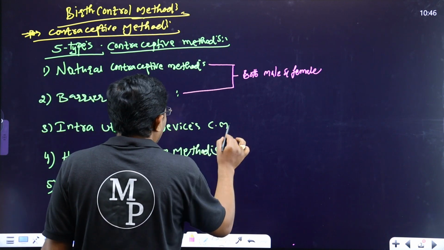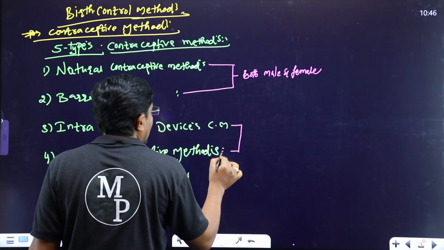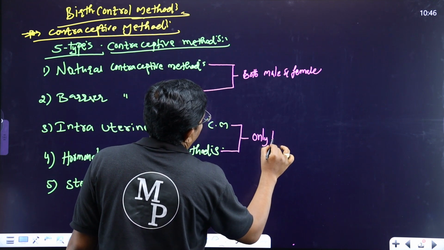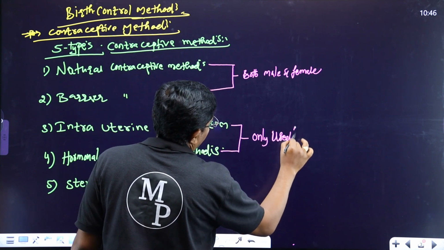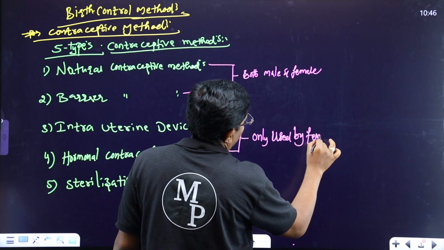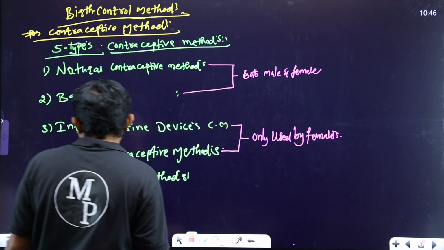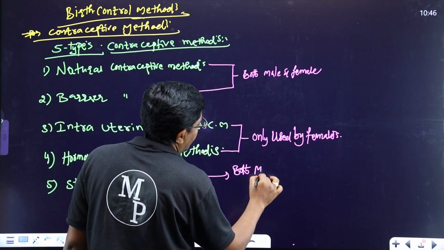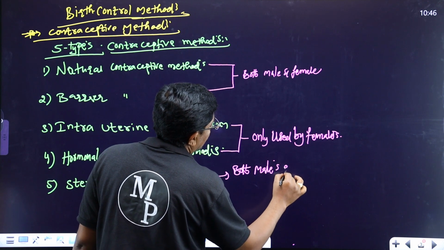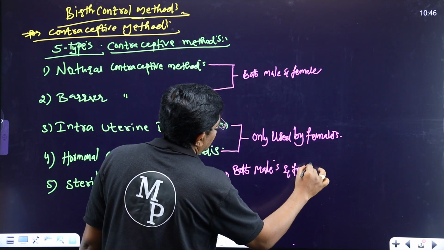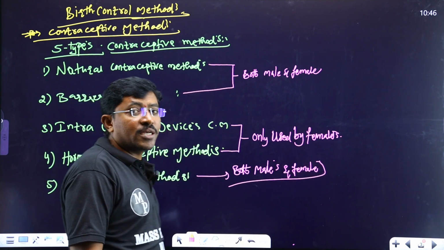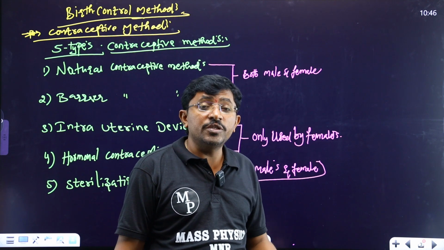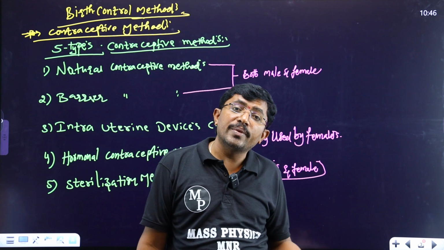Next, intrauterine devices and hormonal methods are only used by females. Sterilization methods are again used by both males and females. In our examination they ask which contraceptive methods are used only by females and which by both male and female.